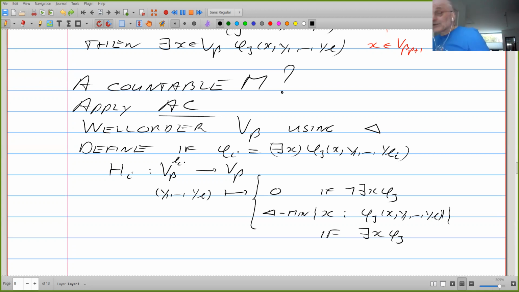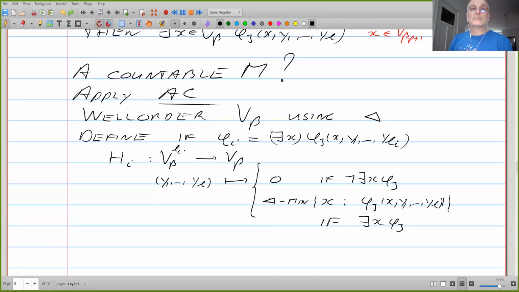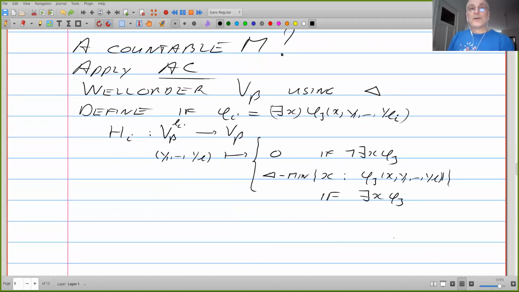If there is an X, we take the first one. This is where we use choice. We well order the whole thing, and if we have witnesses, we take the first witness for our formula.